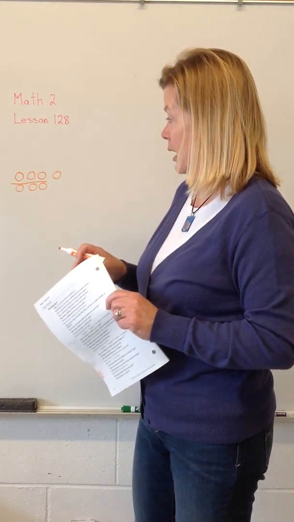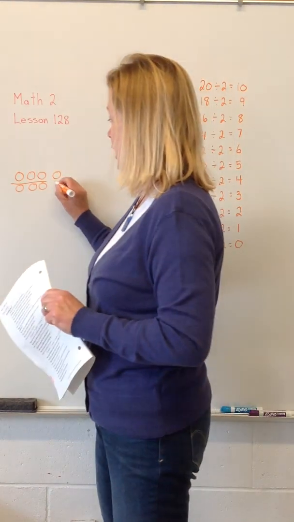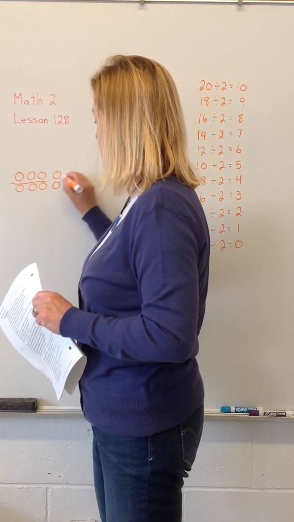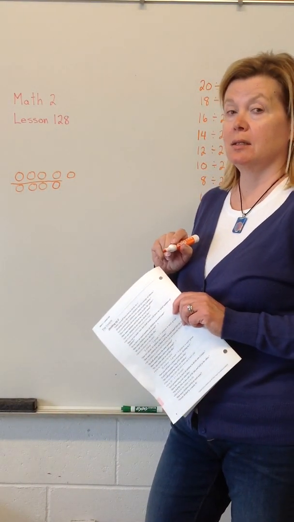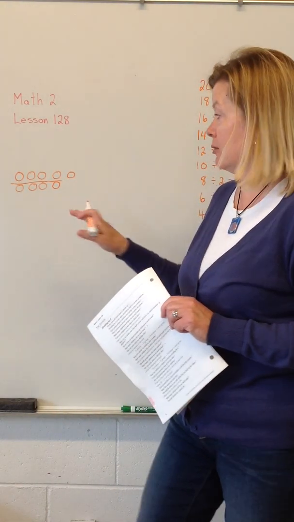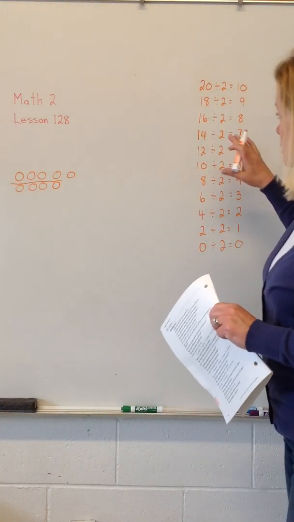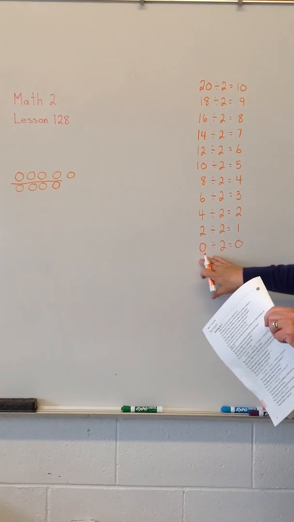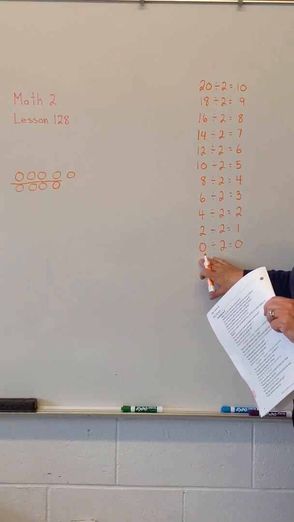Now what if I had 9 children that needed to be divided into 2 teams? I'd still have a remainder. I'd have 1 left over. What do you notice about these numbers that makes it easy for us to divide evenly?